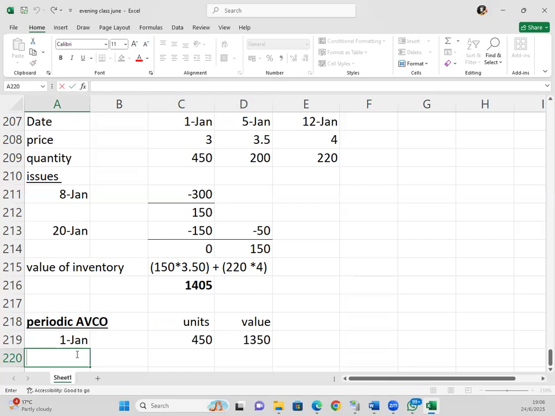Then the next date of purchases, we are still dealing with purchases. What's the next date for purchases? It's 5 January. How many units did we buy? 200 at 350. So the value would be 200 times 350.